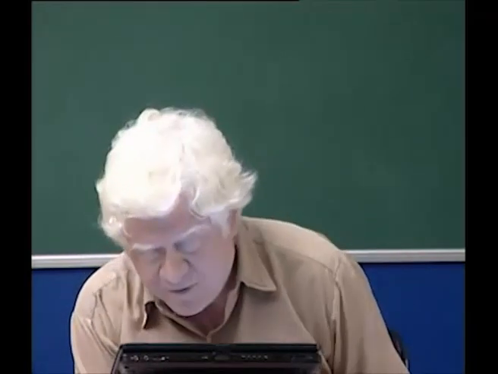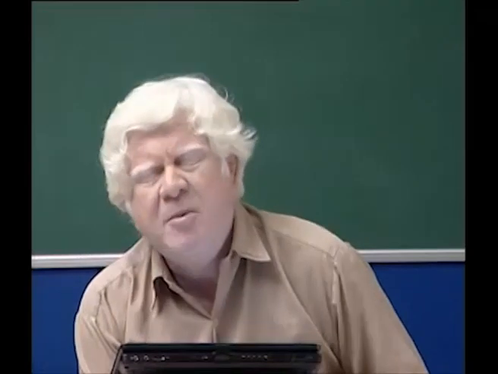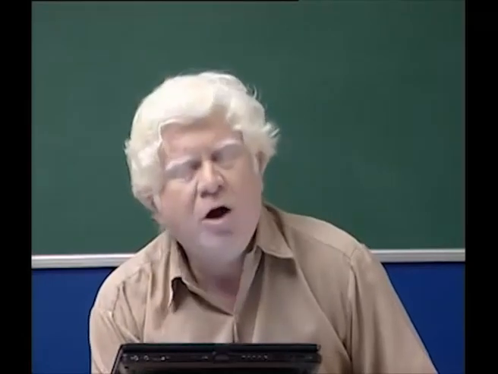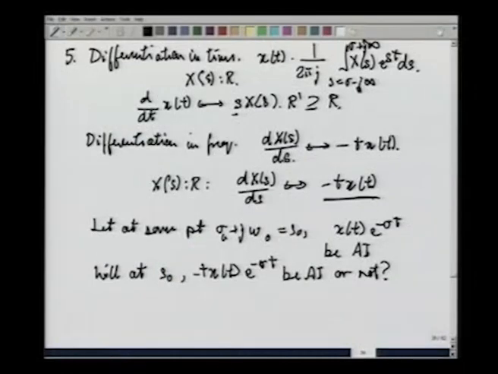In short, we can be certain that if for any sigma e to the minus sigma t x(t) is absolutely integrable, then so also will be minus t x(t) e to the minus sigma t. There is no problem there. Furthermore, even if instead of t you had t squared or t cubed or t to the power n, even those when multiplied by x(t) and e to the minus sigma t would still be absolutely integrable.